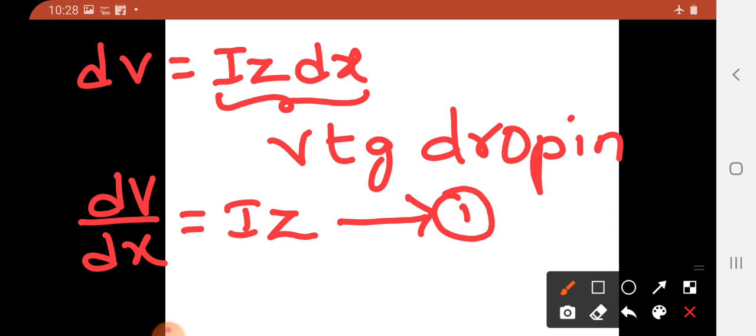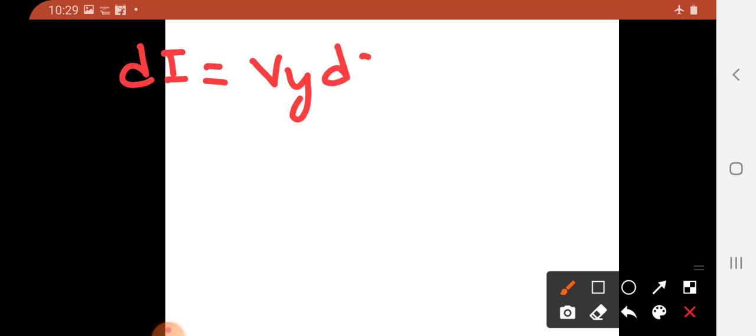Similarly, the difference of the current entering the element and that leaving the element is given by di is equal to v y dx.